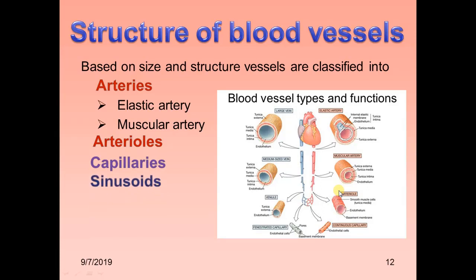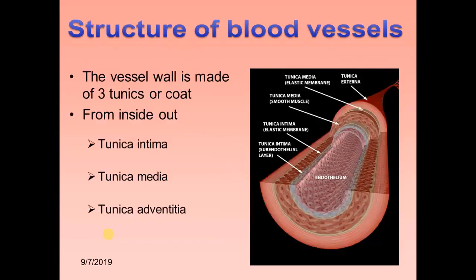In some places capillaries are replaced by sinusoids, and then we have venules, and these venules join to form the veins. So the size decreases from larger vessels down to capillaries, and from there again increases to venules and large veins. So arteries, arterioles, capillaries, venules and veins are the types of blood vessels.